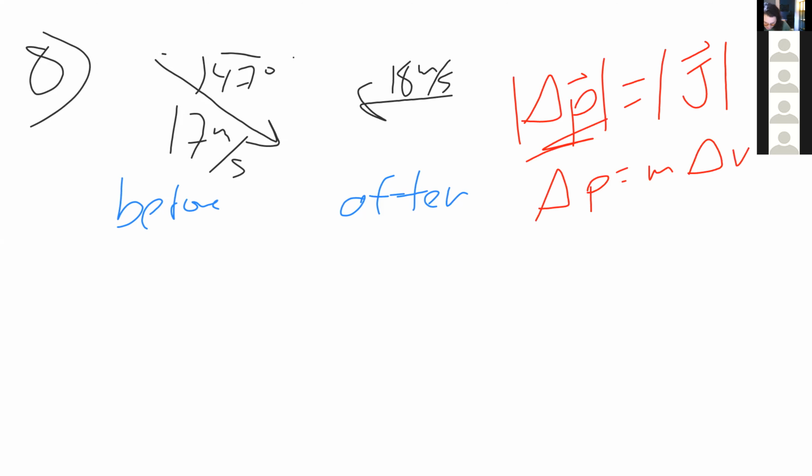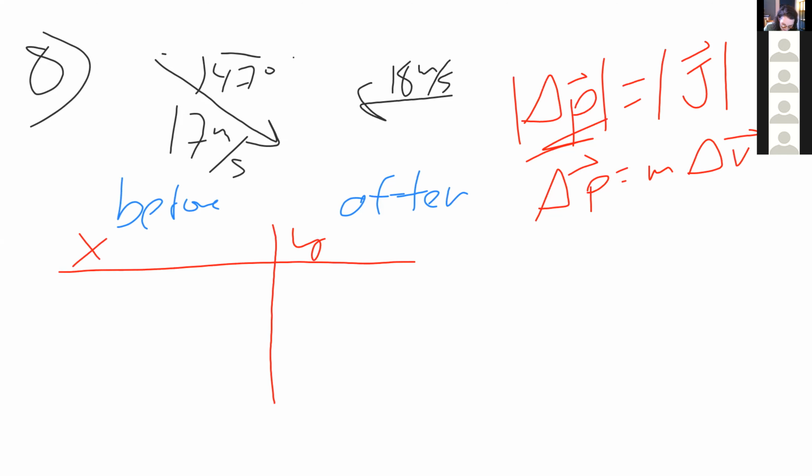Keep in mind, as I mentioned, that momentum is a vector quantity. So if I have two-dimensional vectors, I need to deal with each dimension independently, and then do a vector sum at the end to find a net magnitude. So just as we've done before, we'll split our x and y like this.